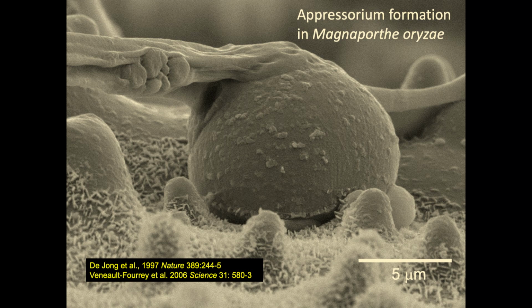So what we've learned about appressorium development is there are essentially 3 prerequisites to making one of these cells. The first of which is that this has to be a hard hydrophobic surface. So in the lab we have to use hydrophobic glass or Teflon PTFE membranes, which are very hydrophobic, in order to stimulate this developmental process to occur.